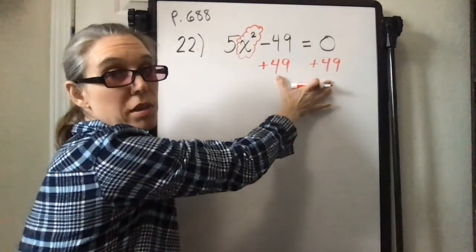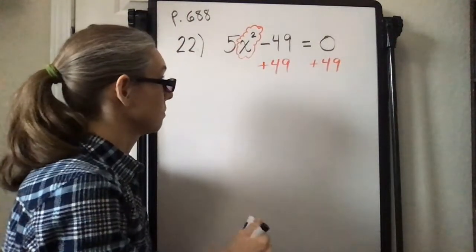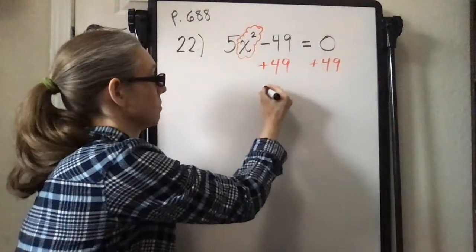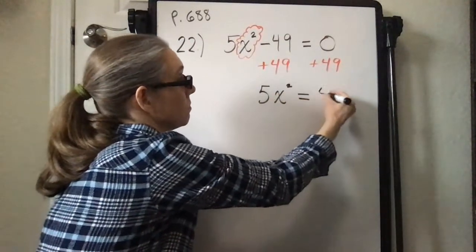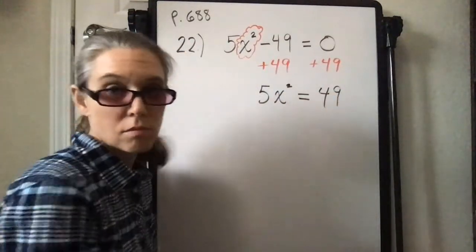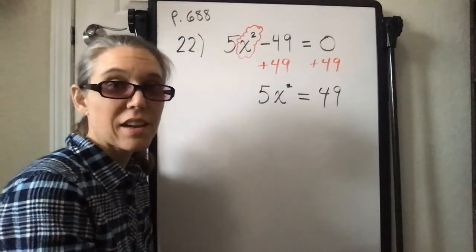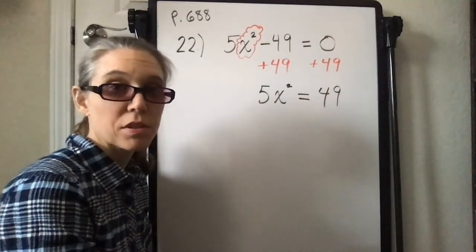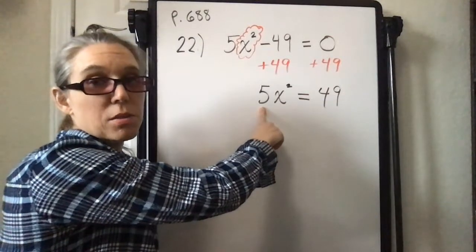You don't have to show plus 49 plus 49. Okay, so at this point, we still have not isolated the perfect square because 5 is not a perfect square.